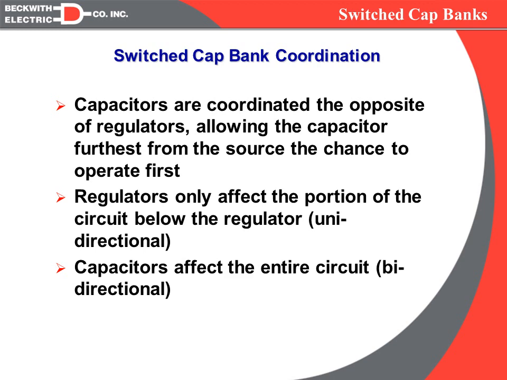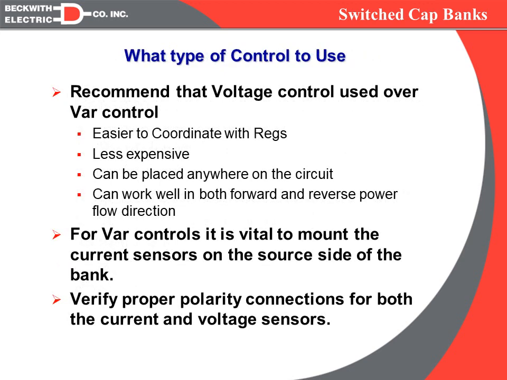So, with that in mind, we're going to coordinate, and to do this, it's most easily coordinatable if we have the voltage be the source for the capacitor bank control. So we would recommend for the cap bank controls to go with a voltage source.